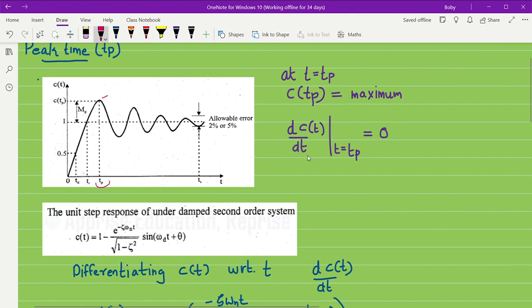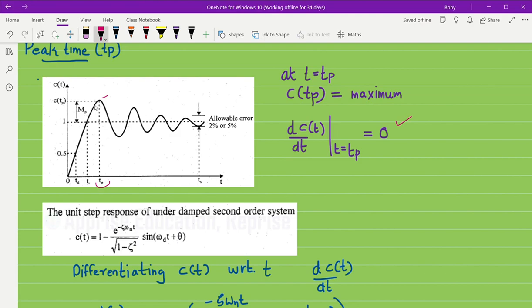For that, let us consider the concept of the derivative of a function. That means d by dt of C of t at time t equal to TP will be equal to 0. So the derivative at the peak will be equal to 0.